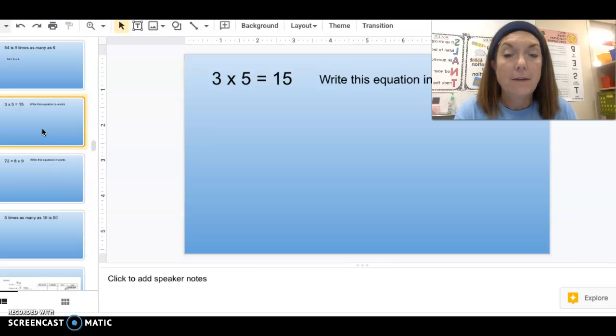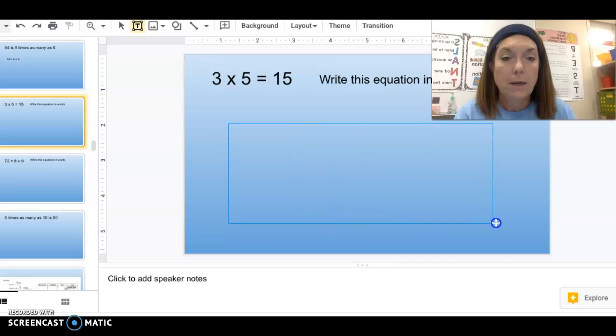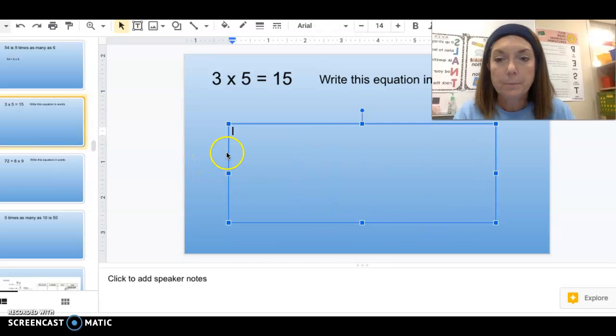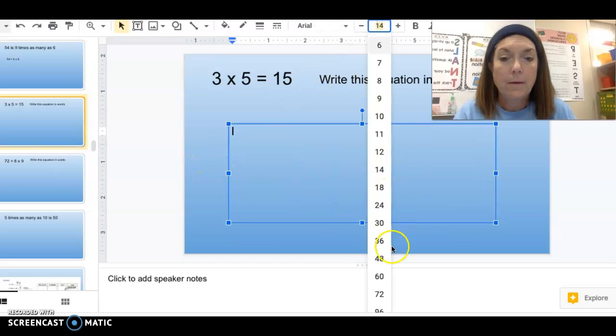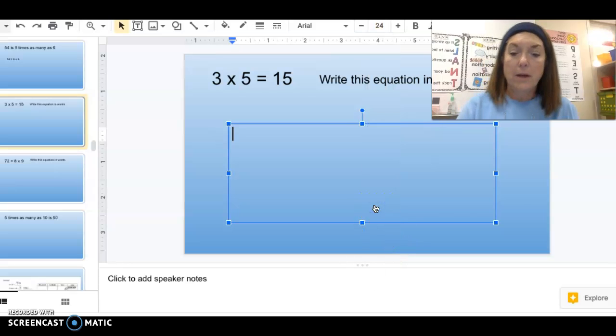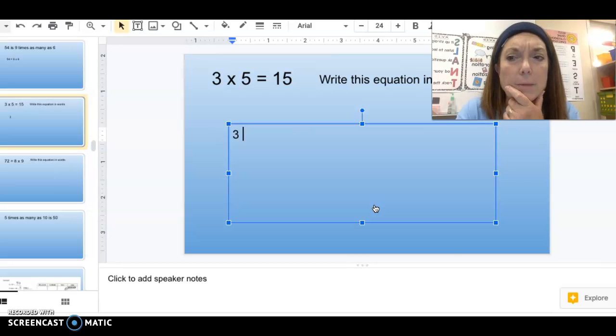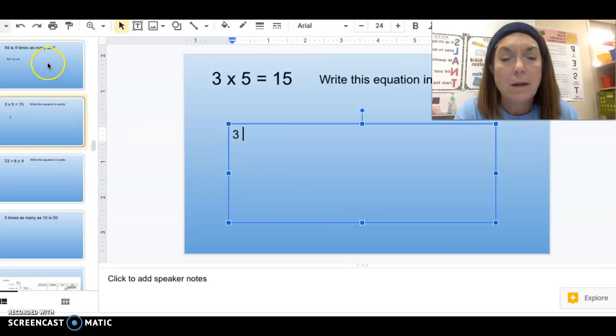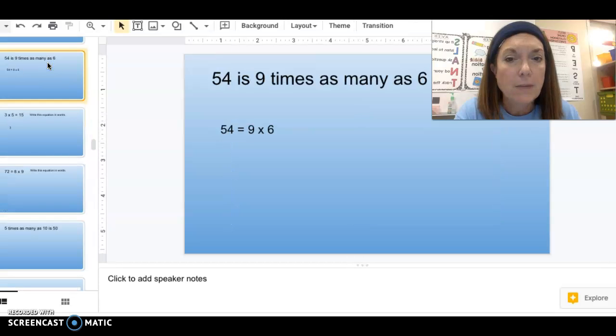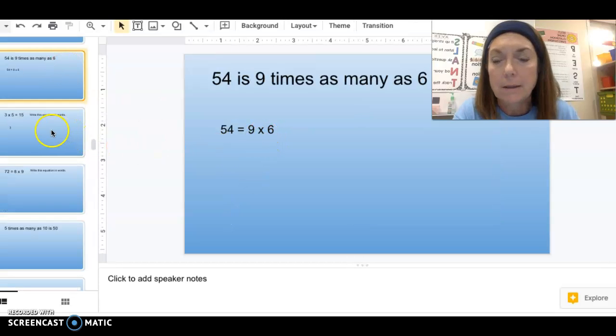Okay, this is one we did together. 3 times 5 equals 15. Write this equation in words. So I'm going to write 3. On that last one, times as many was just the times sign.